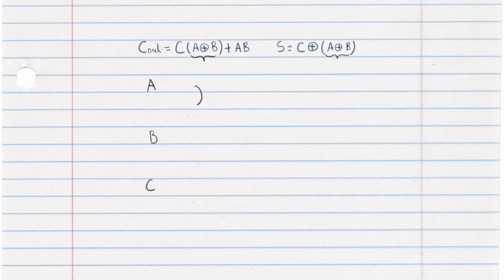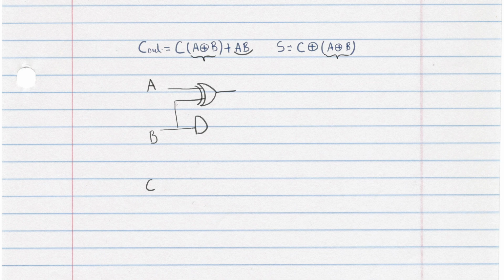Remember the schematic sign for XOR is that kind of crescent with a double bar. So A XOR B there. Now what we can do is A and B here. So we have B there. I can do an AND there.